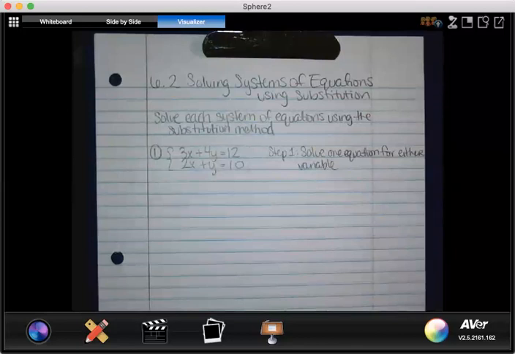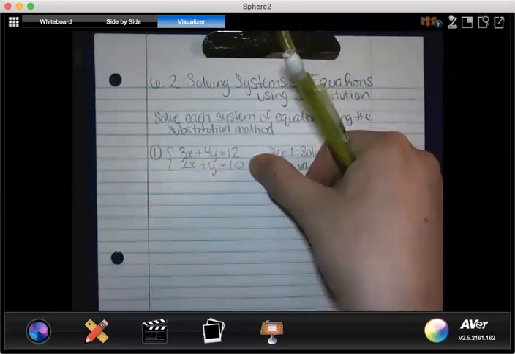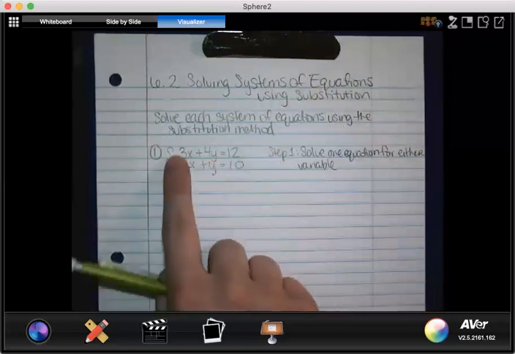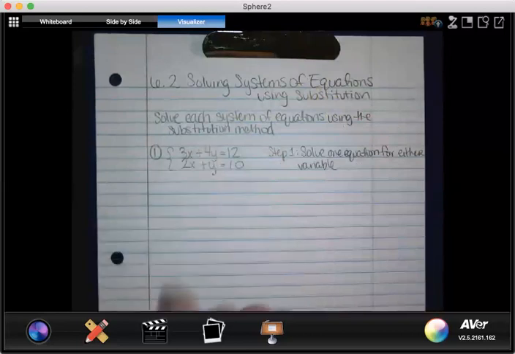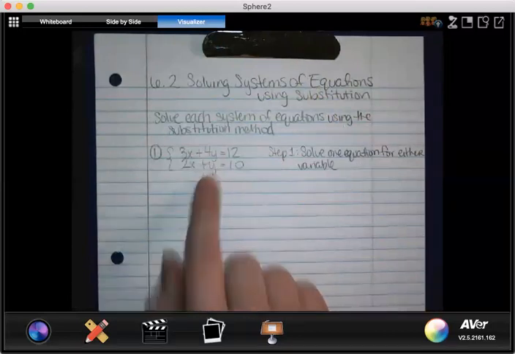Now, looking at your two equations, obviously one is going to be easier than the other. And that one in this first example is going to be the second equation. The reason I know this one will be easier to solve is because I have a single variable. All the other variables have coefficients. So in order to solve this second equation, I could easily solve for y.